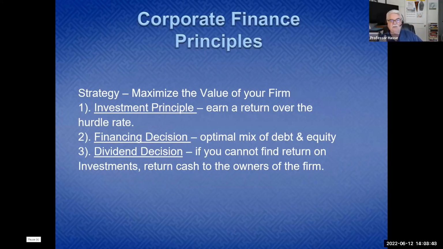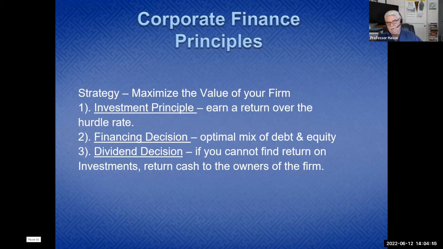In other words, if I go out and borrow money at a bank and they charge me 6%, and I take that money and invest it in an asset, and that asset returns to me in cash flow and profit 4%, I'm going against the investment principle. Why? The money is costing me 6%, but I'm only earning a return of 4%. I'm losing. So to maximize the value of a firm, you have to earn more than what it costs you.